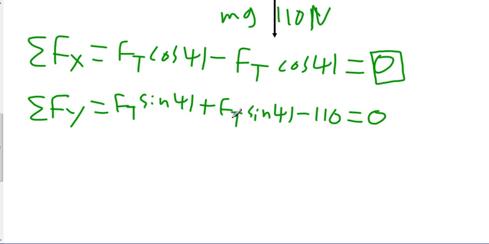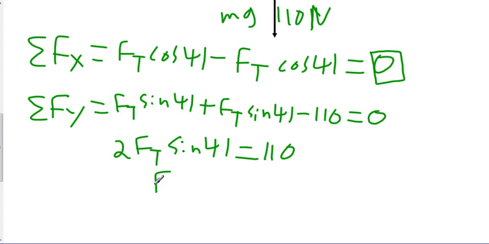In this case, we can go ahead and move the 110 over, and we can combine these two. Since these two are the same, we can say that 2 Ft sine 41 is equal to 110.